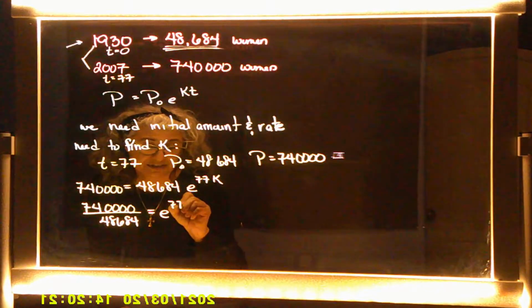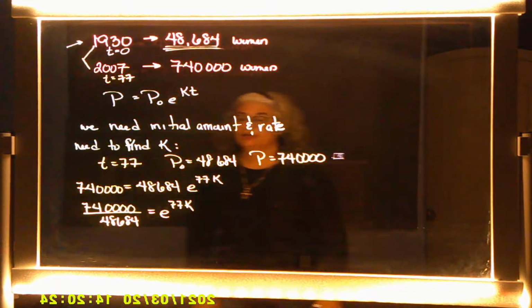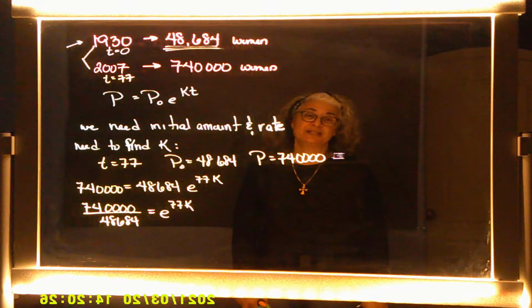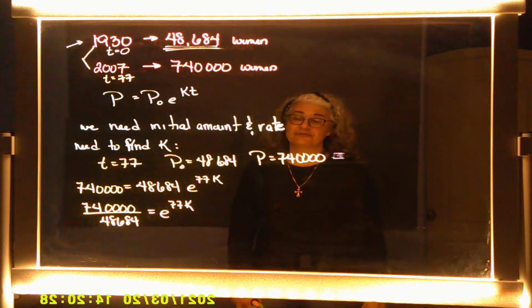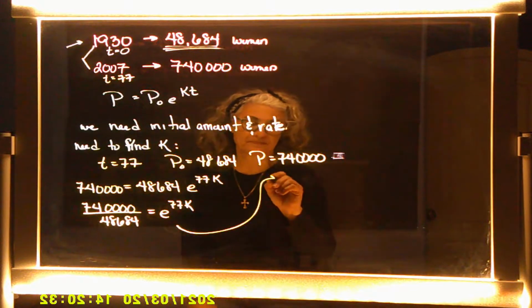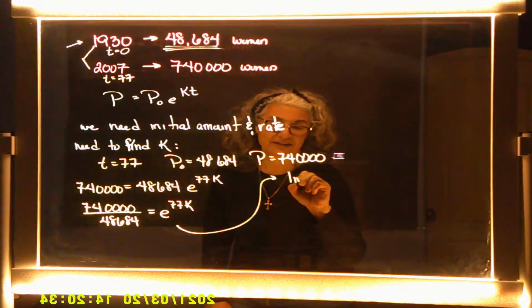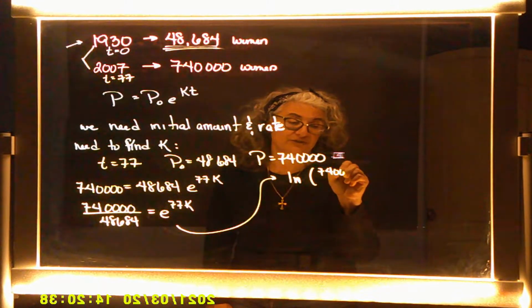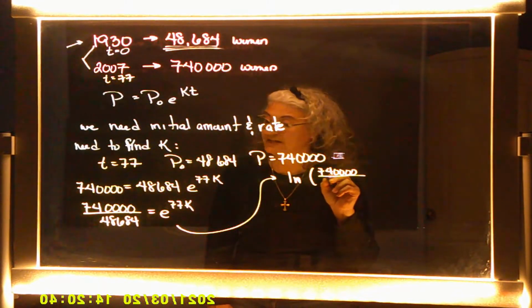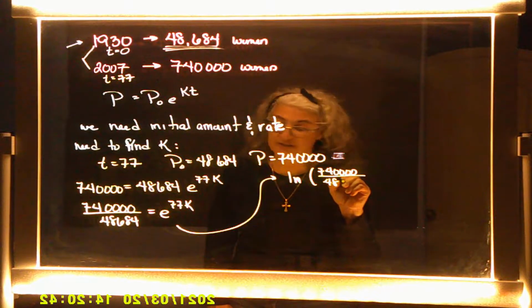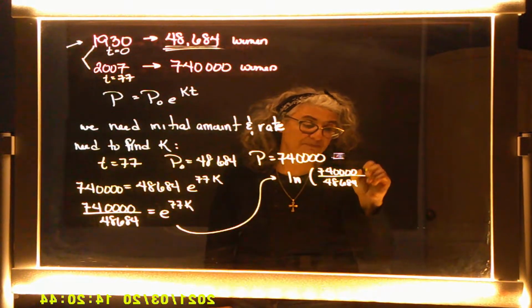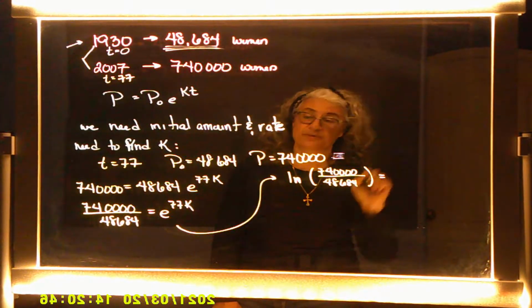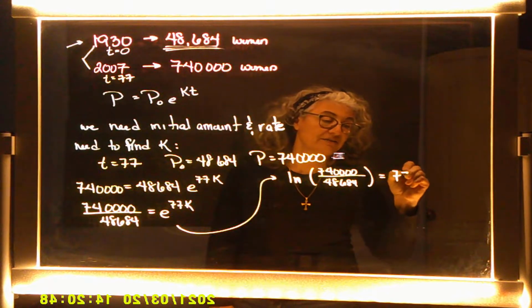E to the 77k. All right, how do I get rid of that e? Because I need the k by itself. Natural log on both sides. I heard you. Okay, so I've got the natural log of this lovely fraction, 740,000 divided by the 48,684 equals what? What's on the right? Good, 77k.